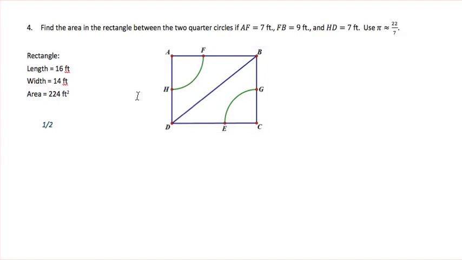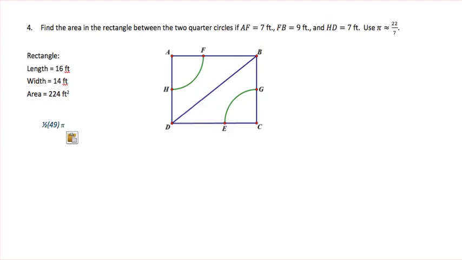It's 1/2 times the radius squared times pi. So our radius squared, the radius was 7 feet. That's 49 times pi. In this case, we're approximating pi with 22/7.